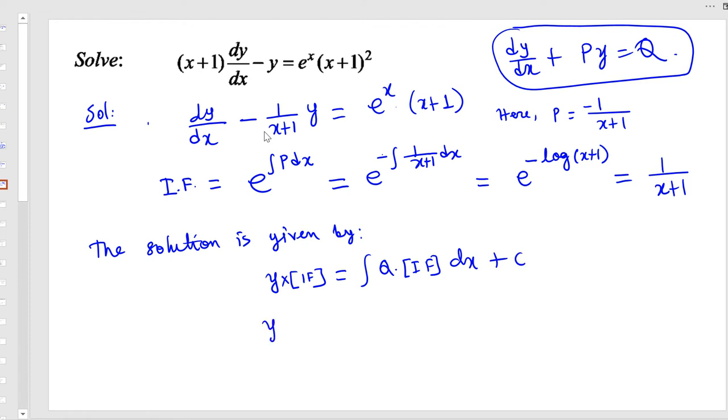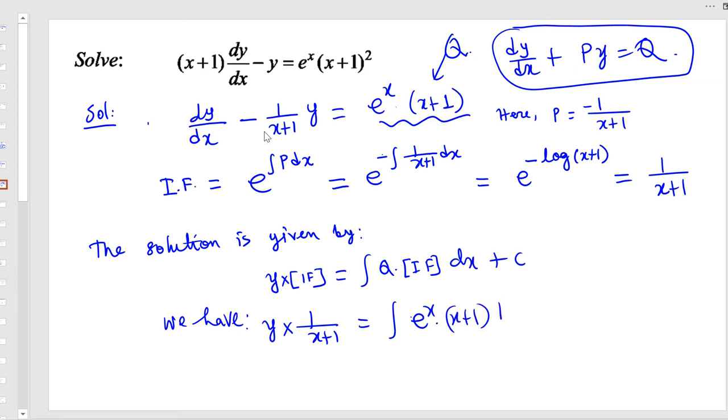So in our case we have y times 1 upon x plus 1, and q is our right hand side. So this is our q function, e to the power x times x plus 1, times 1 upon the integrating factor, which is x plus 1, dx plus c.